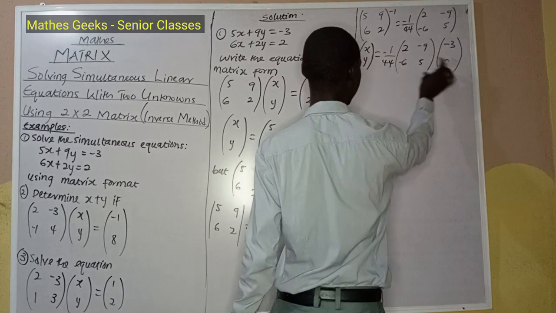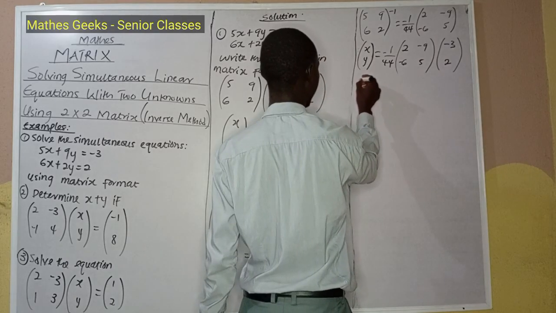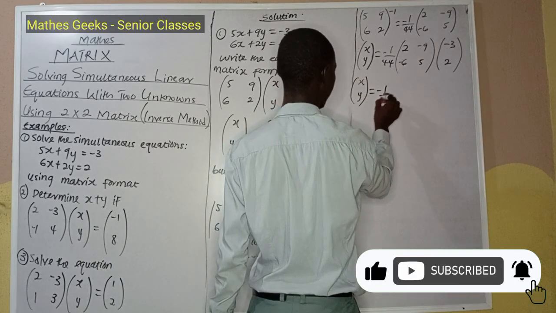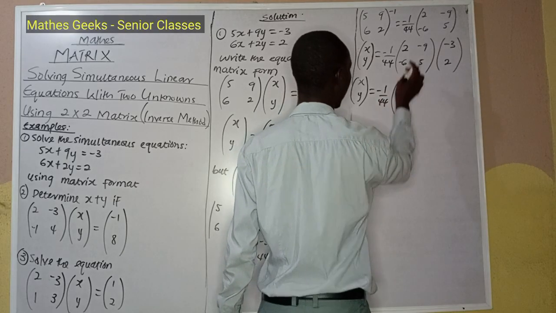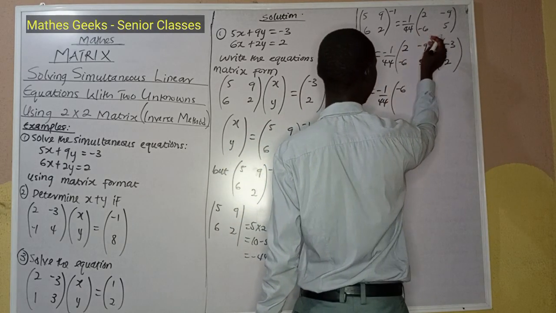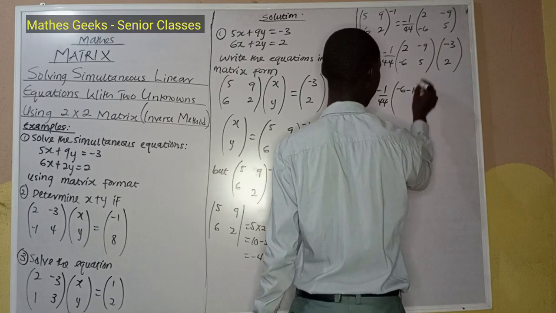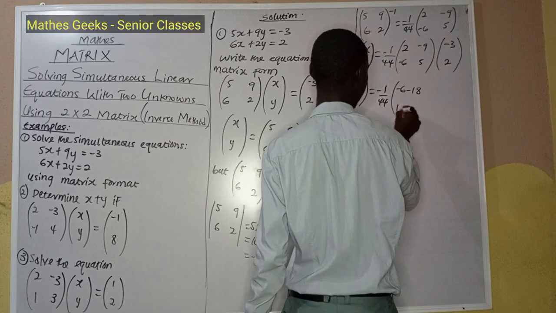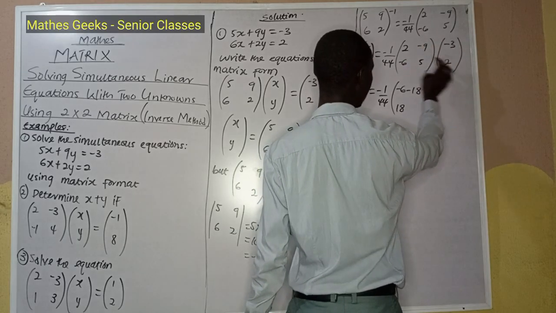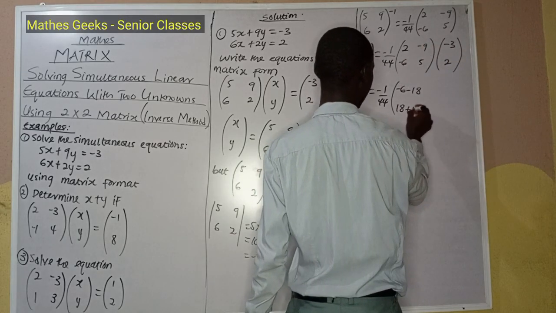Let's multiply these two parts. x, y equals minus 1 over 44. 2 times minus 2 is minus 4... the first entry: 2 times minus 2 is minus 4, minus 9 times 2 is minus 18; minus 6 times minus 2 is 12, plus 5 times 2 is 10.